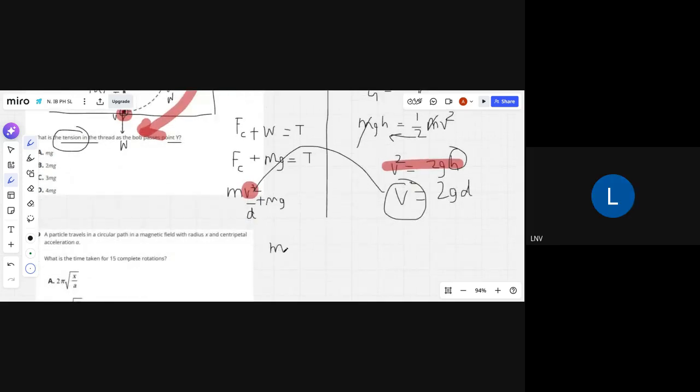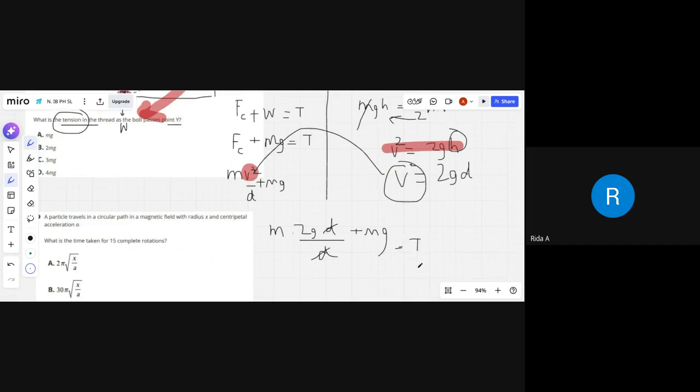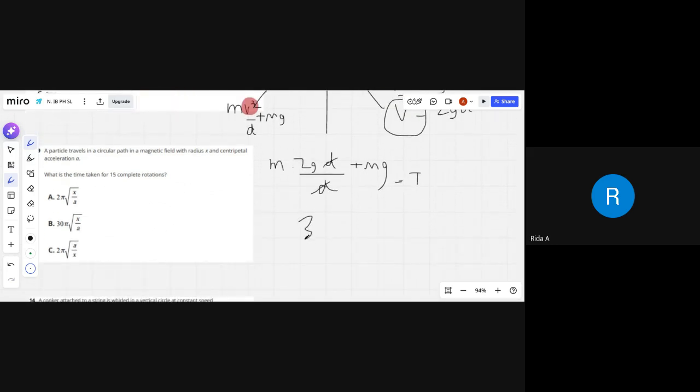So I have m multiplied by v squared, which is 2gd, over d. So the d's cancel out, plus mg is your tension. So 2mg plus mg is 3mg. Okay, this was quite hard, but I get it.